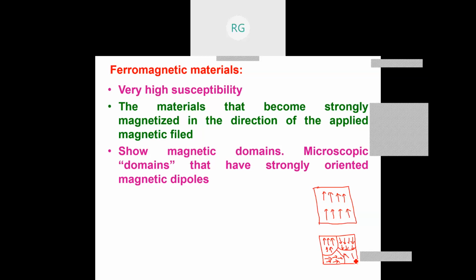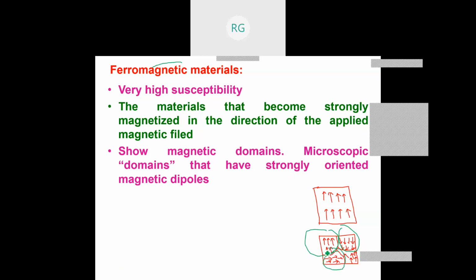That means in a ferromagnetic material, magnetic dipoles or spins are aligned in the same direction with the same amplitude, but limited to a small region. And this small region, we call a magnetic domain. So this is a magnetic domain, and this is another domain, this is another domain.